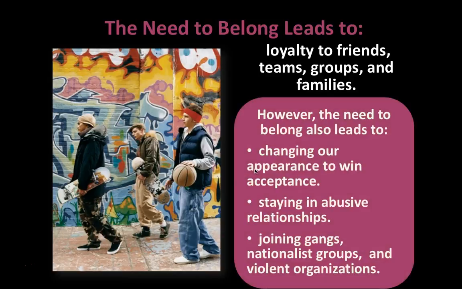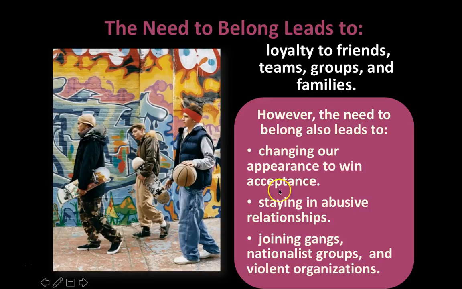And the need to belong has all kinds of good normative influence. It leads to good things, loyalty to friends, teams, groups, families. But it also leads to things that maybe are not so desirable. This doesn't seem too bad: we change our appearance to win acceptance.